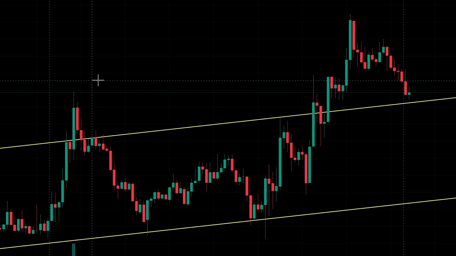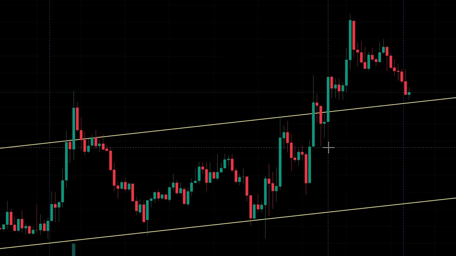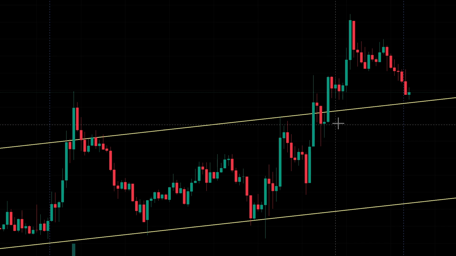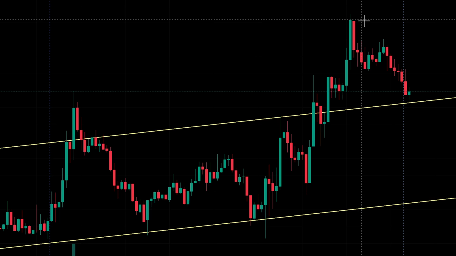So all those stops were here. They ran the liquidity, triggered their stops, go the other way, make some move, ran out of steam. All these people got back into this trade, and off it went.